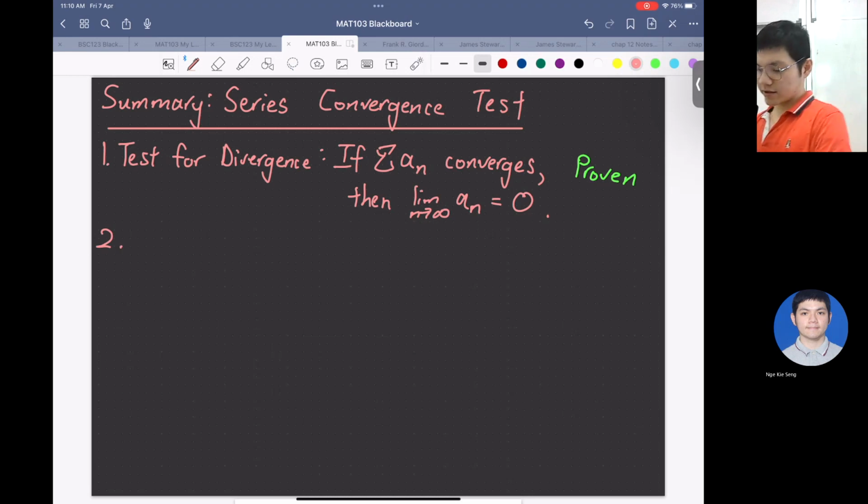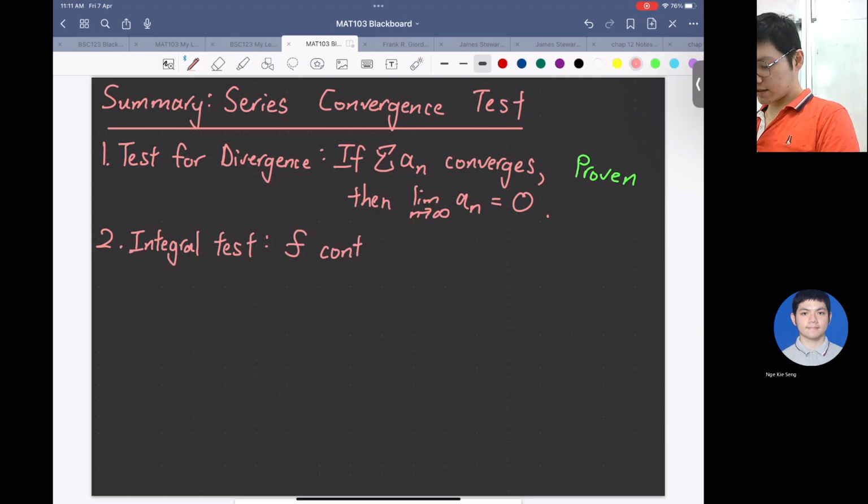Second, what have we learned? I think it's the integral test. What does the integral test say? Start with f that is continuous, positive, and decreasing.